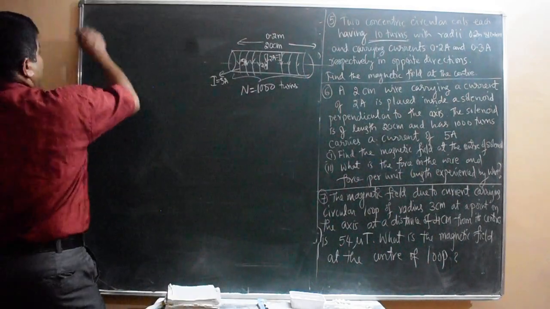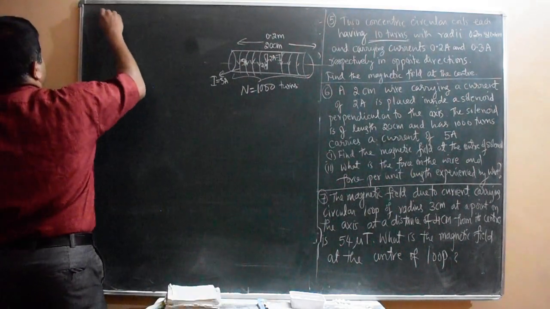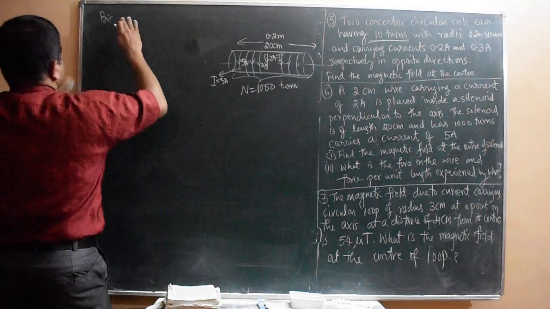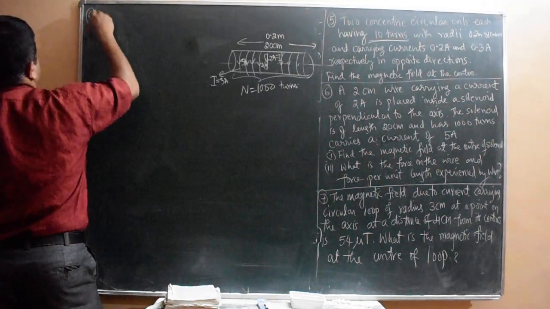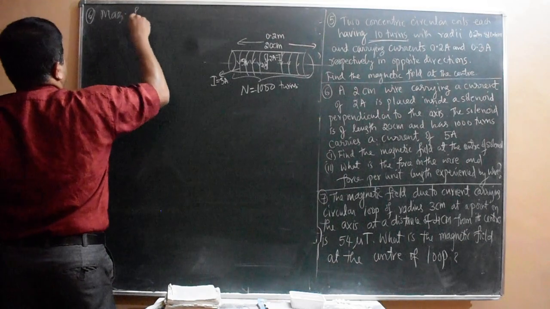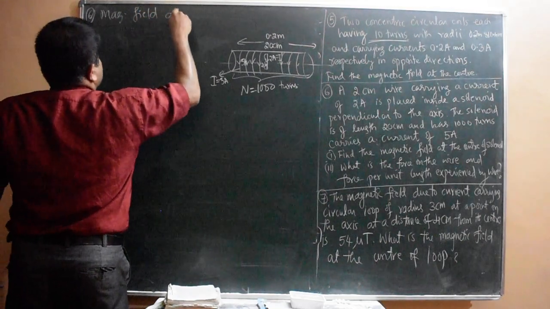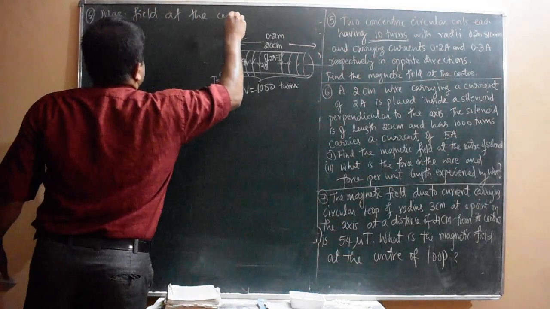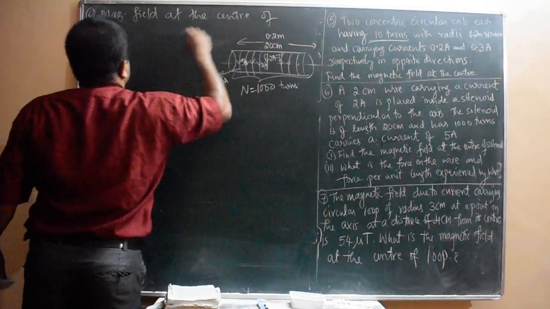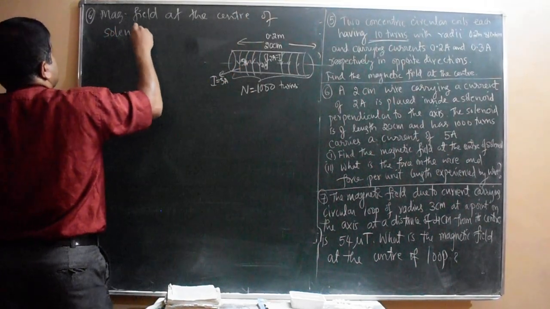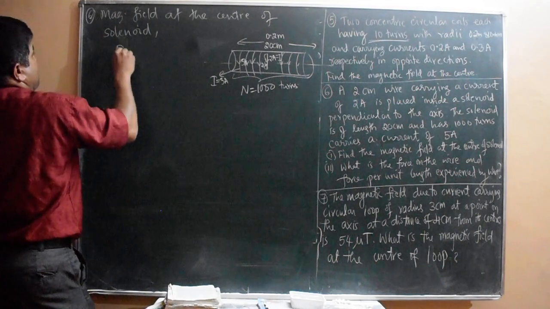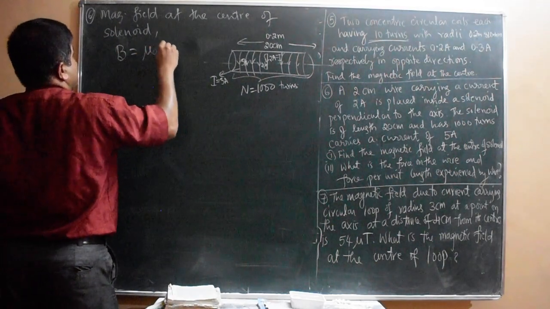Very simple. The field at the center of the solenoid is what? Magnetic field, question number 6, at the center of the solenoid is B equal to mu naught N i.